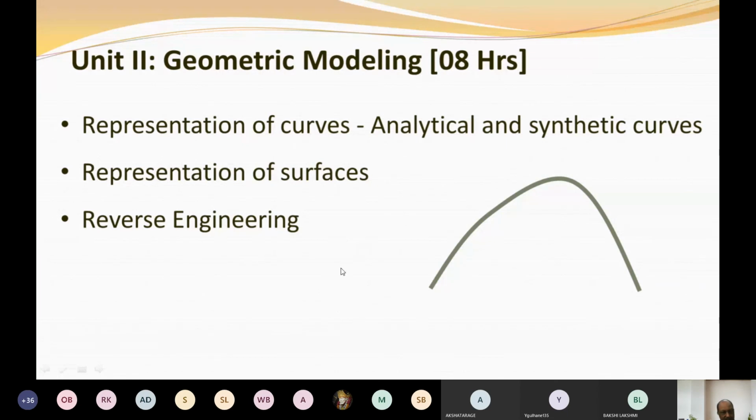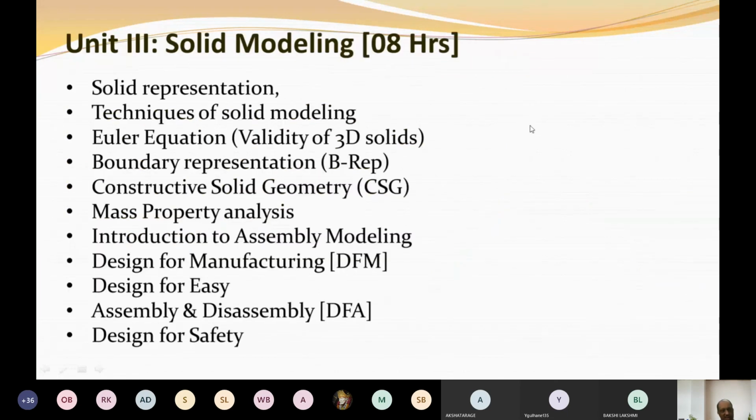A bigger unit or small bits or units in solid modeling, that is how solids are represented. Techniques of solid modeling: Euler's equation. That means a solid consists of surfaces, edges and points, and there is a particular equation.